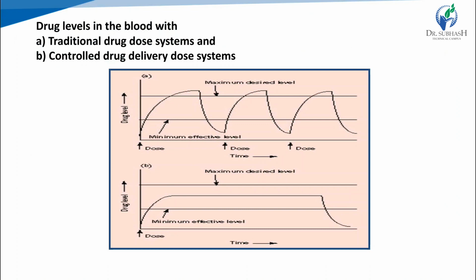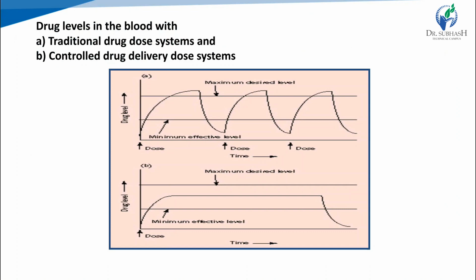There is one more image, showing drug level in the blood. The first one is for the traditional, conventional or immediate release dosage form. In that, multiple dosing is given. We see the therapeutic range, with minimum effective and maximum effective concentration.